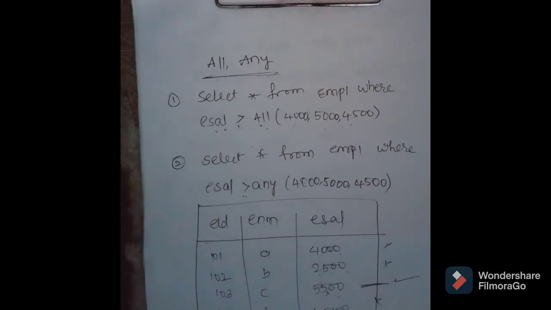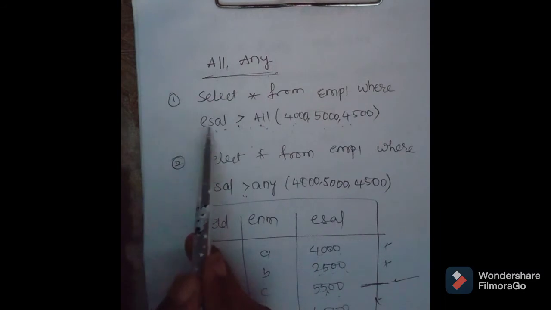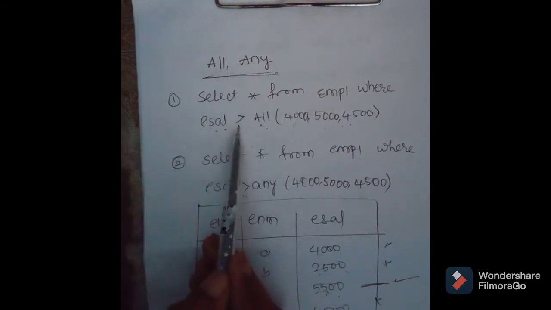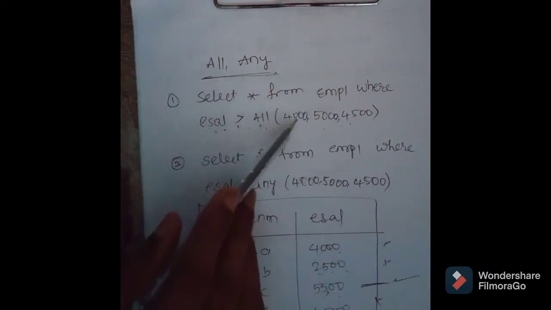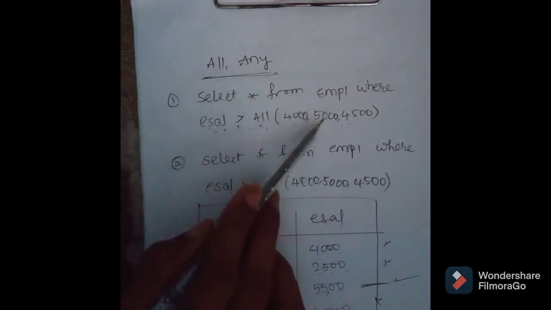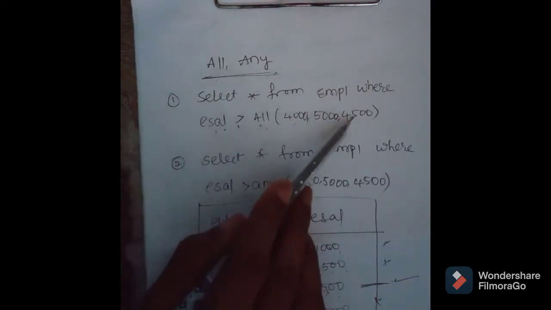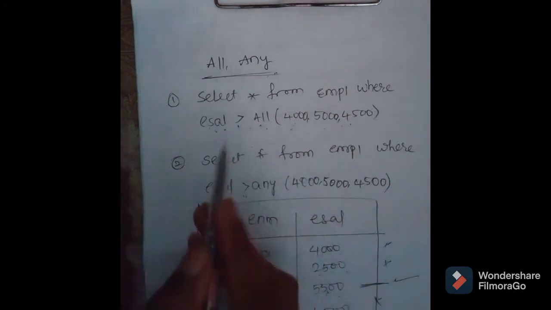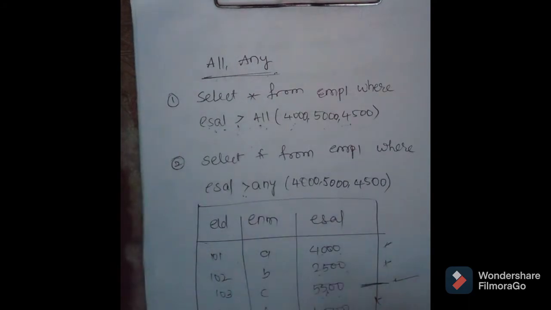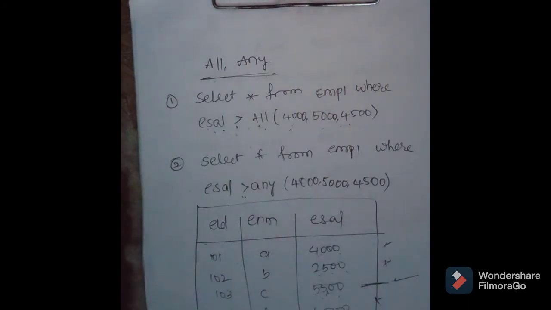Next you have 6000. This 6000 is greater than 4000, greater than 5000, greater than 4500. If all the conditions are satisfied, then only the particular row will be in your result set.